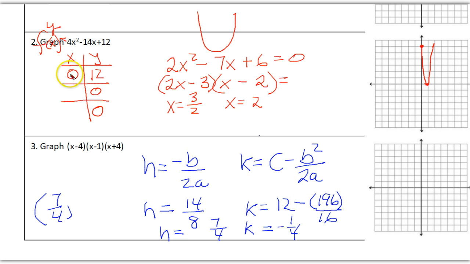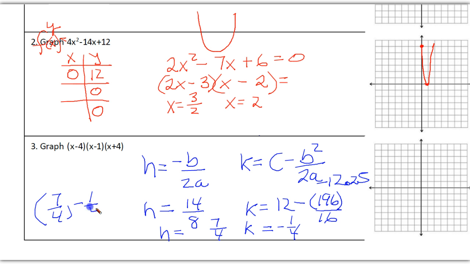And then 2 times 4 is 8. We divide that and we get a negative 12.25. And then we subtract 12 from this, we get a negative 0.25, which is a negative 1/4.